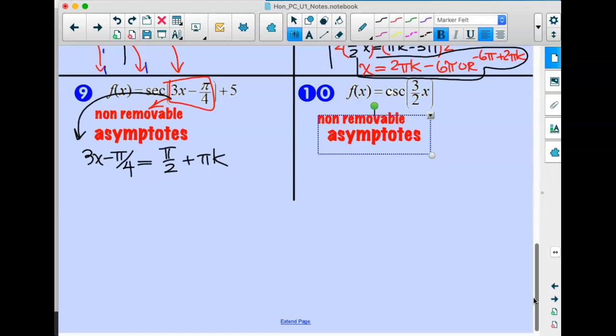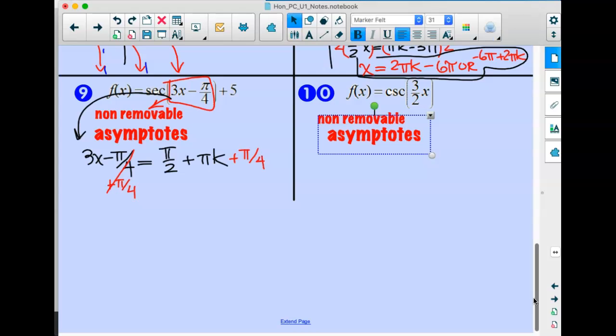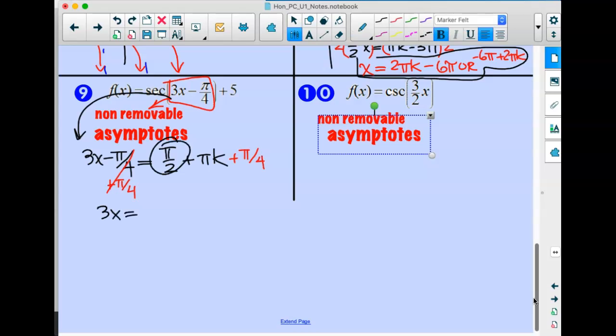Let's add pi over 4 to both sides. There we go. Cross that out, and then pi over 2 plus pi over 4. Let's change pi over 2 to what? Let's do 4 pi, wait a minute, that would be 2 pi over 4, right? 2 pi over 4 is the same as pi over 2, so that would be 2 plus 1, 3 pi over 4 plus pi k.